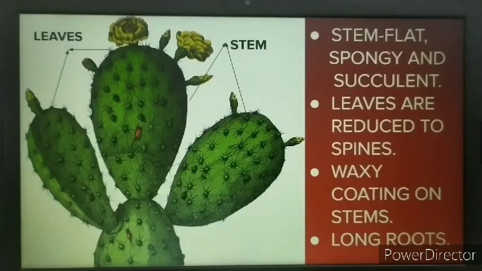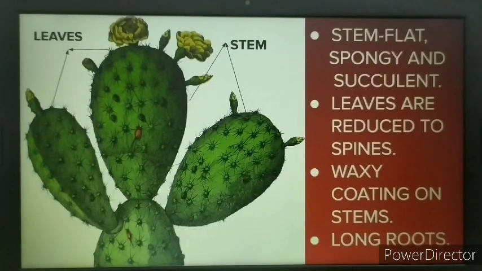Now let's talk about the characteristics found in the cactus plant. The plural of cactus is cacti. Well, the stem in the cactus is generally green, as you can see in the module, in the picture. The stem of the plant is green and spongy.